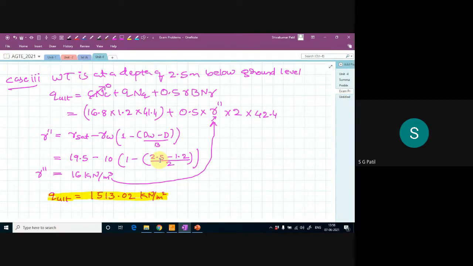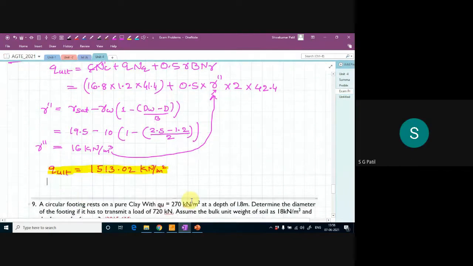Then 19.5 minus that answer. I'm getting 16. Maybe you are not multiplying by this 10. You do the calculation once again. See, I'm getting the correct answer, 16 kilonewton per meter cube. Is it okay? Yes, sir.